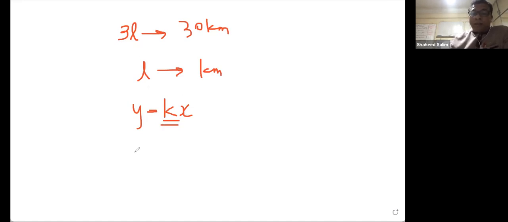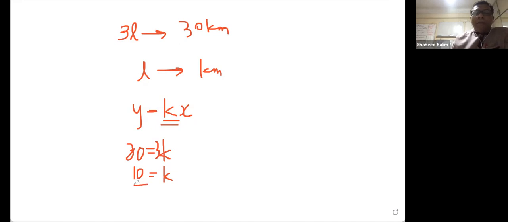We put in, sorry, km is the distance, so it's not 3. 30 equals k times 3, 3k. So you find out what is k. k is actually 10. What does it mean k is 10? Depends on your car. Certain car, the fuel consumption is low, you might get 15 km per liter.